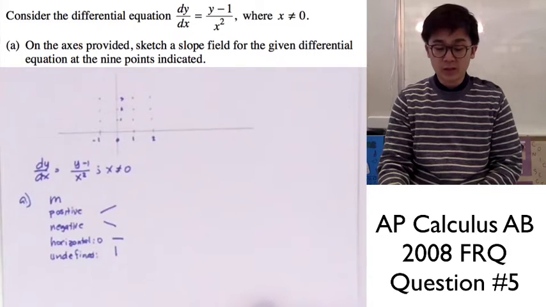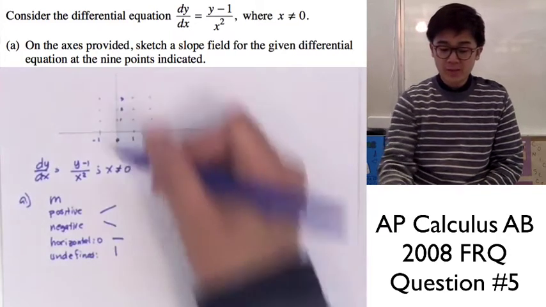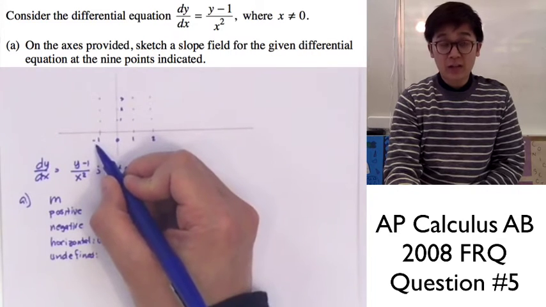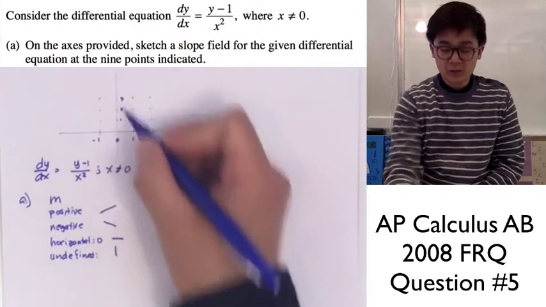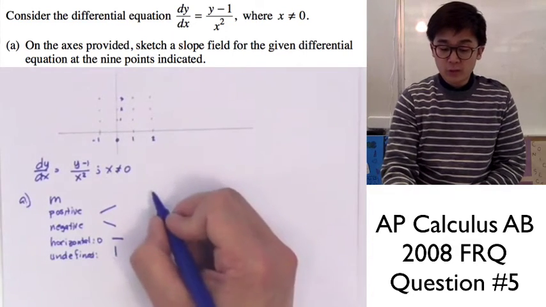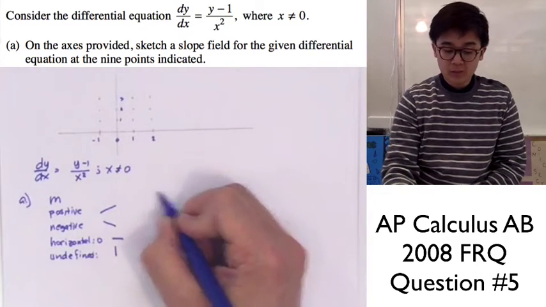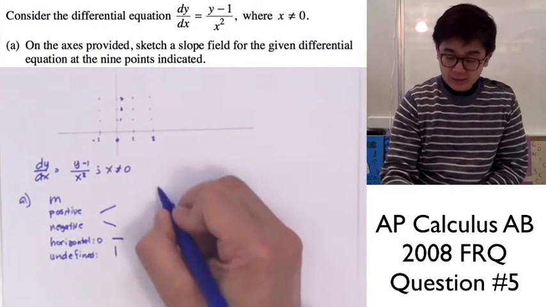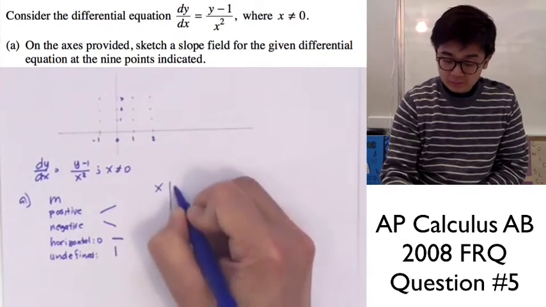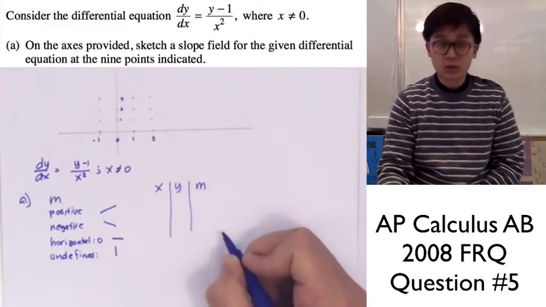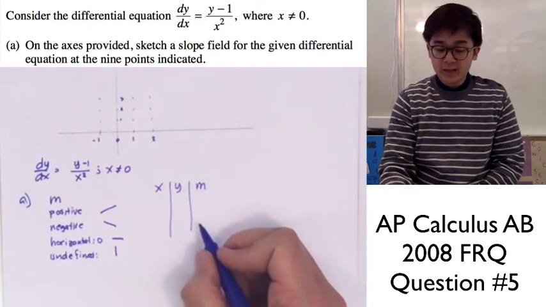So let's start with the first line right here, which is an x value of -1, and the y value is changing at 0, 1, 2, and 3. To organize the slope of our column 1, let's write x right here and y, and let's solve for the slope for each coordinate in column 1.